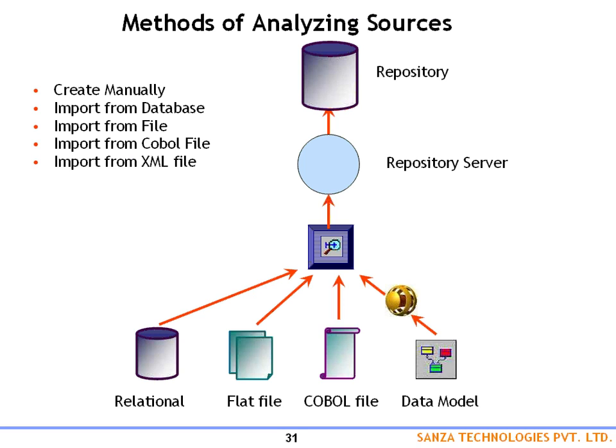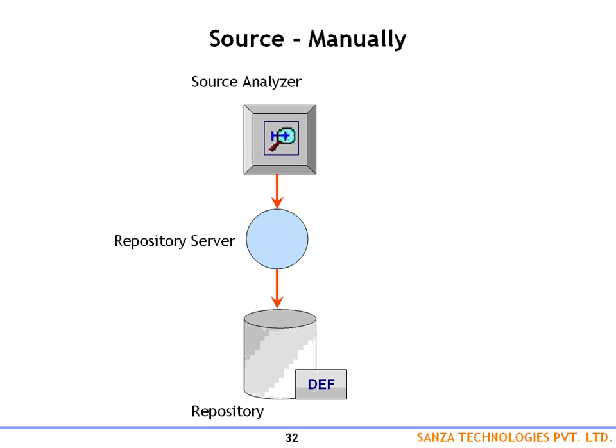So first you need to define the structure of your source, using the component called the source analyzer. When you define the structure and save it, the repository server is going to connect to the repository and save the structure of your source in Informatica. So first step, we will create the structure manually.